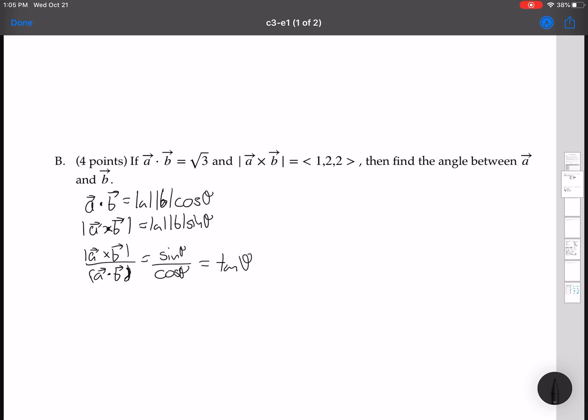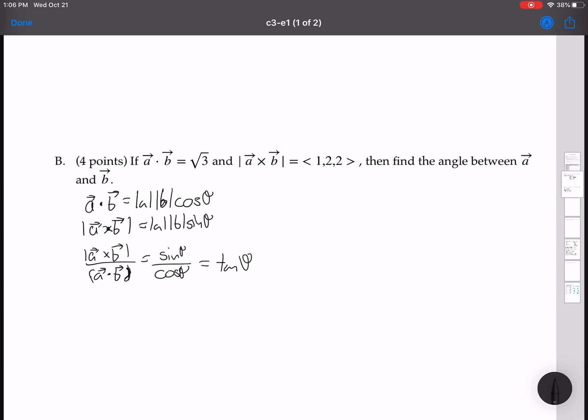Since we have the cross product and we have the dot product, we just need to find the magnitude of the cross product, divide that by the dot product, and take the inverse tangent of that, and you would get the answer.